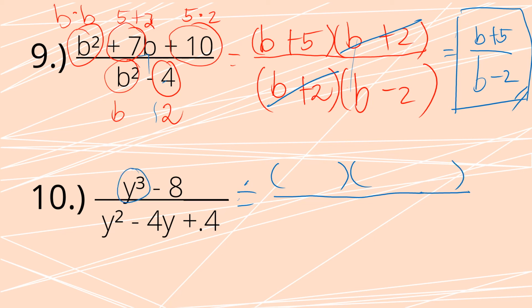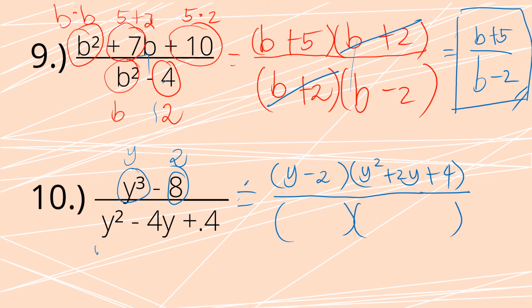So y cubed pinagmulan, that is y. Si 8 ang pinagmulan is 2. So that will be y minus 2. So square of the first number plus the product of two numbers plus the square of the second number, which is 4. Next, factorable trinomial.